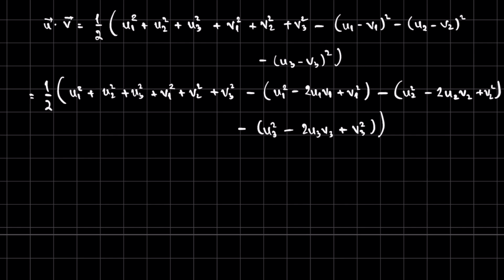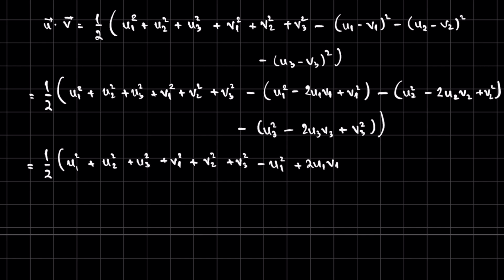Next, we're going to distribute the negative into the parentheses, and you get 1/2 times (u1 square plus u2 square plus u3 square plus v1 square plus v2 square plus v3 square minus u1 square plus 2u1 v1 minus v1 square, minus u2 square plus 2u2 v2 minus v2 square.